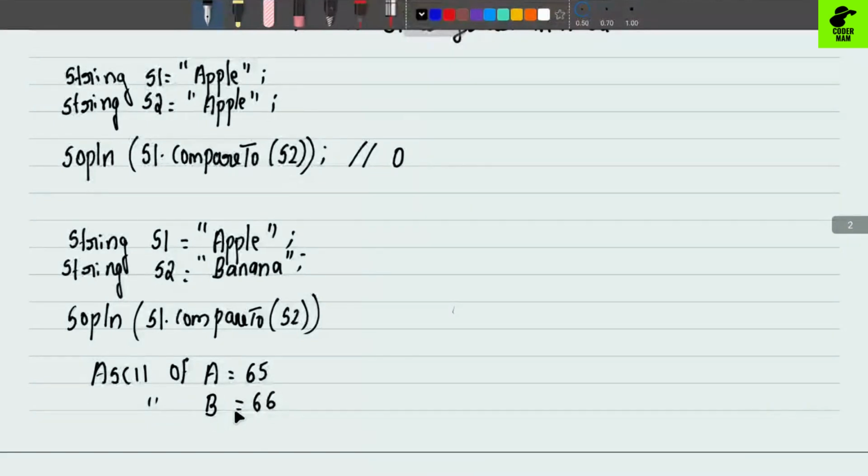So we have to subtract the ASCII code of B from the ASCII code of A. So 65 minus 66 is minus 1. That is the second case. The first string is less than the second string, right? The ASCII code difference is minus 1. So if s1 is less than s2, we will get a negative value.